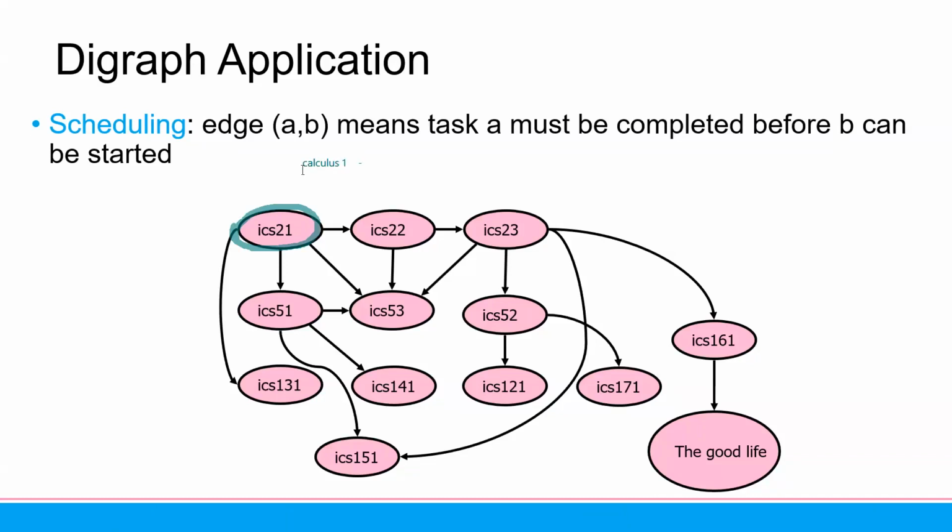If you do not complete calculus 1, you cannot take calculus 2. So in this case, it's almost similar. In our department, we have computer programming, we have data structure, but we don't have any mandatory rule, like if you don't take computer programming, you cannot take data structure. But of course, if you take computer programming, it will be good for data structure. So that kind of thing we can show in the directed graph.